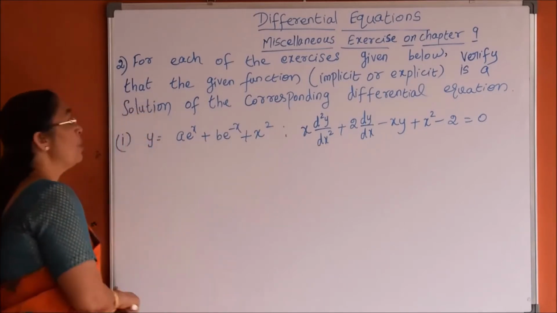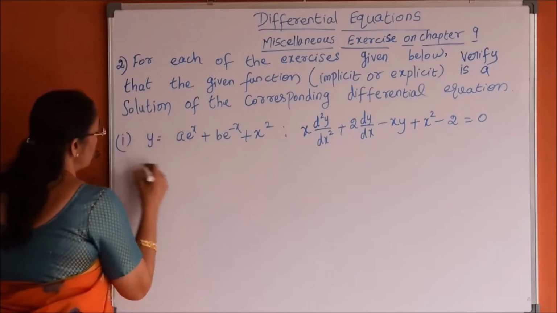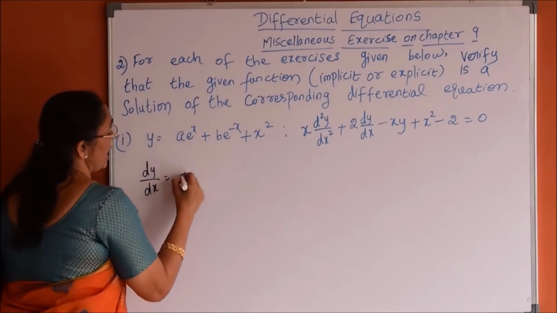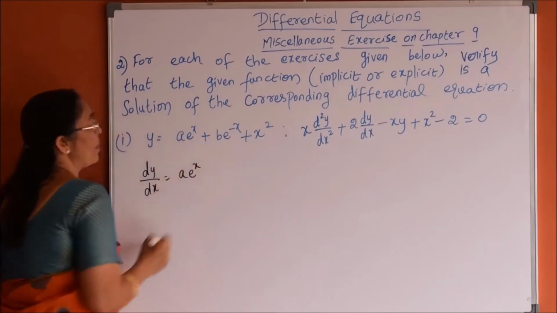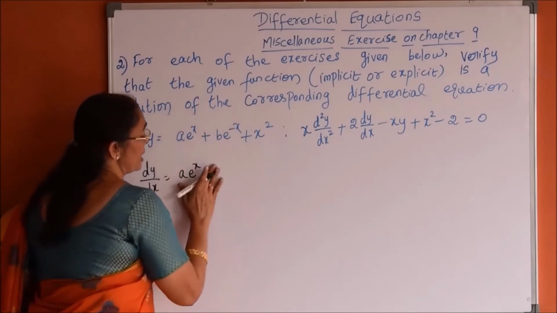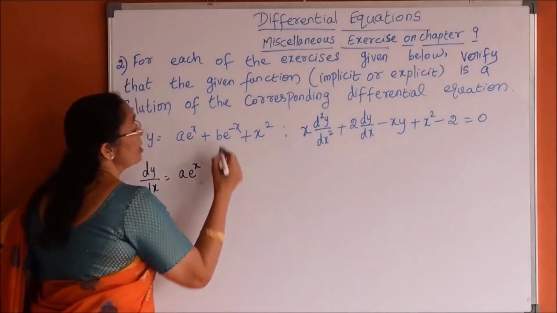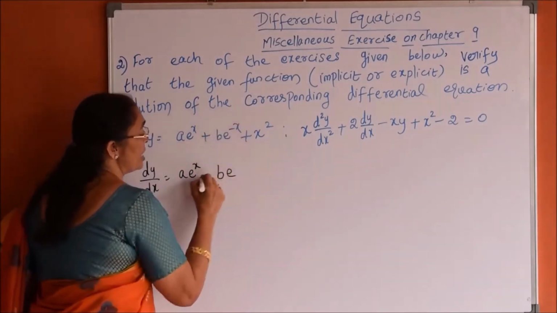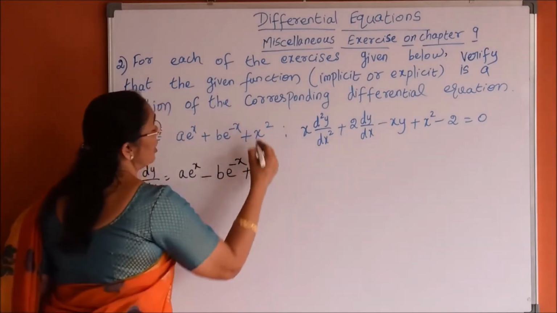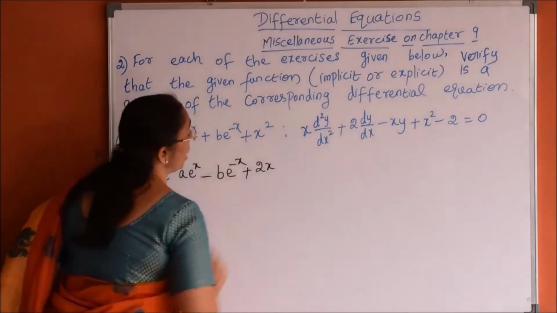So, now this is y. Our dy by dx, that is the first differentiation, is a e power x, which is a e power x itself, plus b into e power minus x; b is constant and the differentiation of e power minus x is minus e power minus x; plus differentiation of x square, 2x.